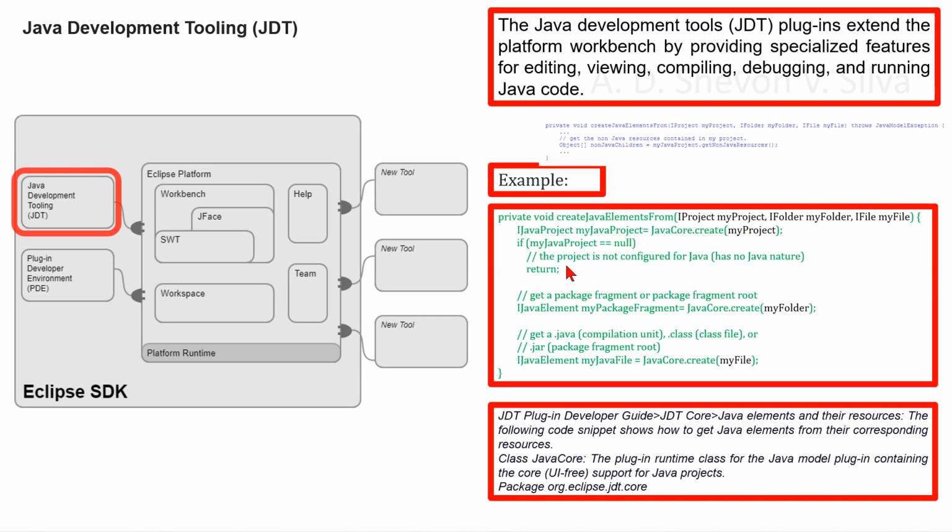The project is not configured for Java, has no Java nature. Get the package fragment or package fragment root. Get a .java compilation unit, .class file or .java package fragment root.